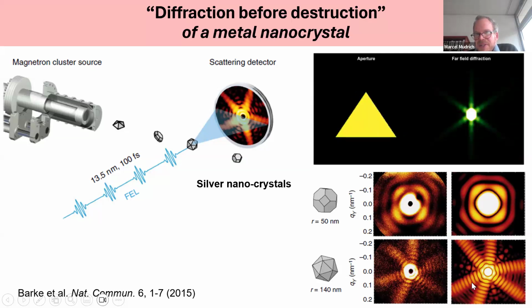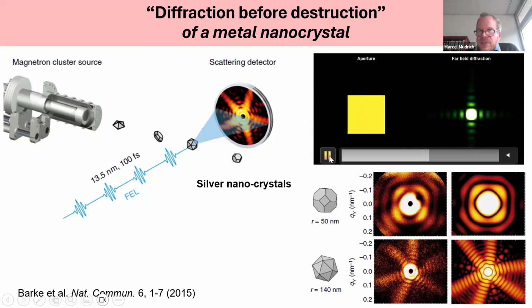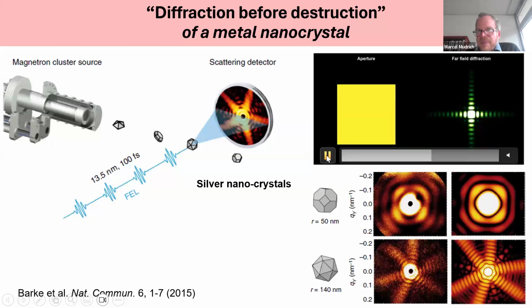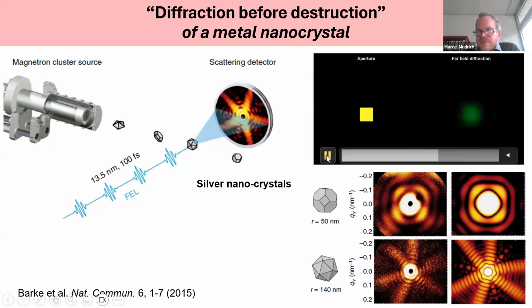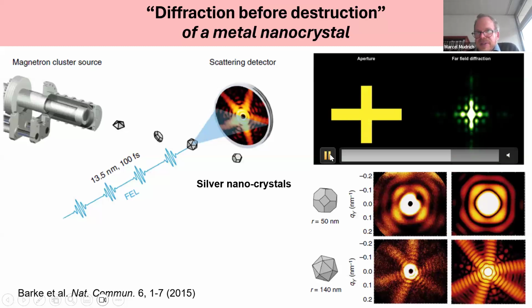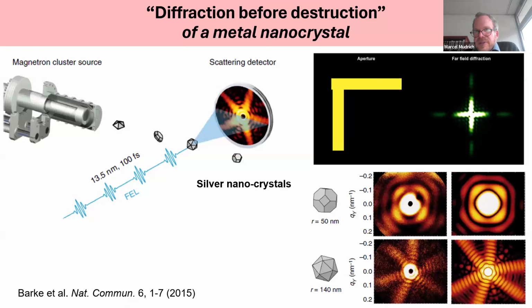So this looks more similar to the icosahedron, because you can see the icosahedron has this triangle as a basic geometrical structure. For a square, it's more square-like. Then also these rectangles, then it becomes more complex.